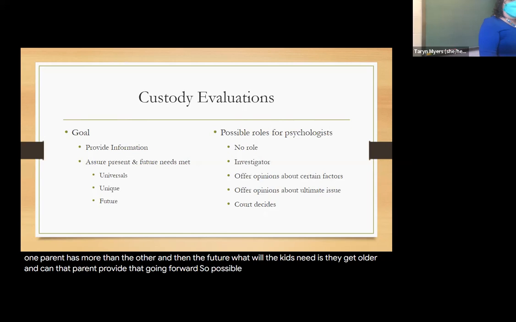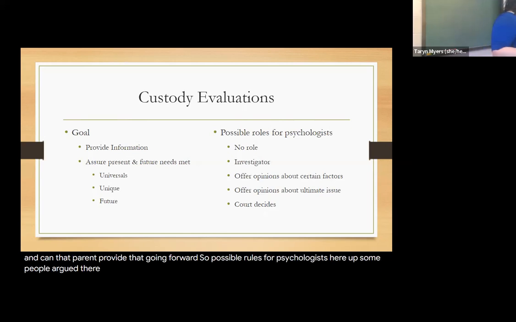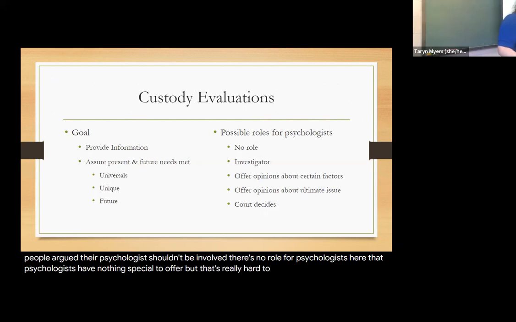So, possible roles for psychologists here. Some people argue psychologists shouldn't be involved. There's no role for psychologists here. That psychologists have nothing special to offer. But that's really hard to argue when we know that mental health is part of the criteria. So most people disagree with us.